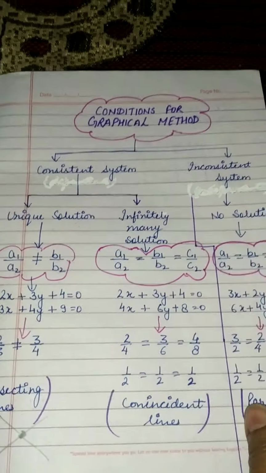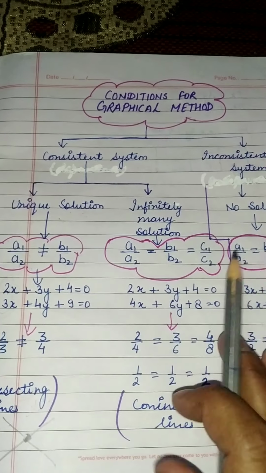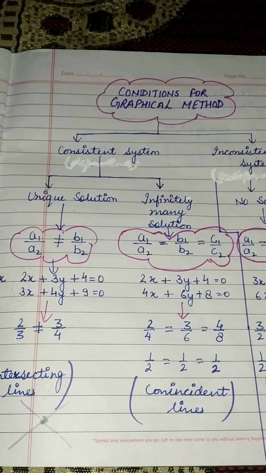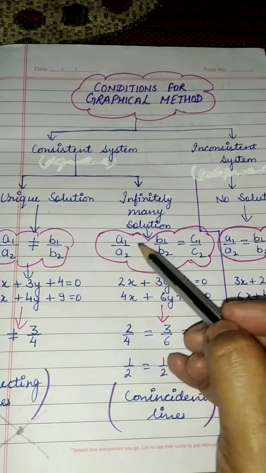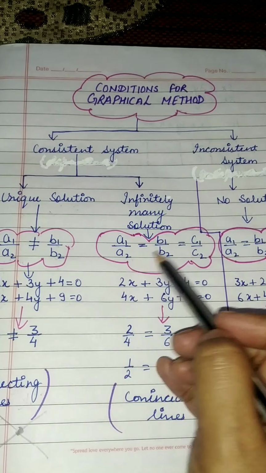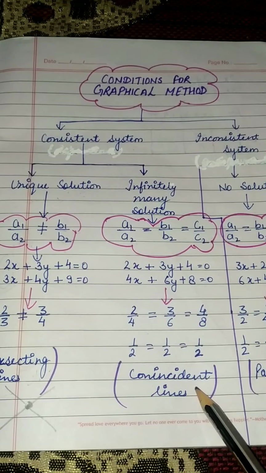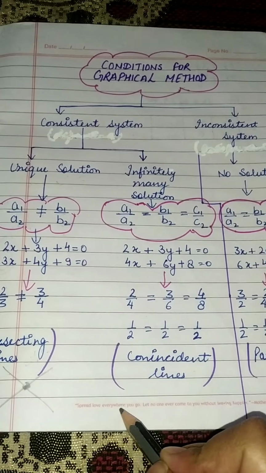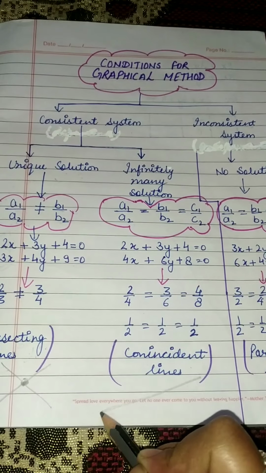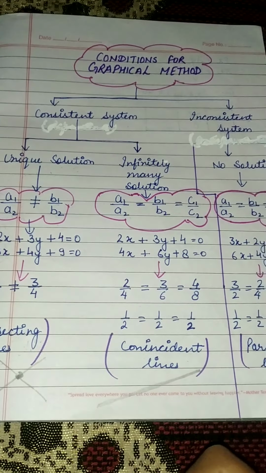Now second is infinitely many solutions. Again, you find out the ratios. If all the ratios are equal, then the lines are coincident. What do you mean by coincident? Coincident means overlap. Both the lines will overlap.